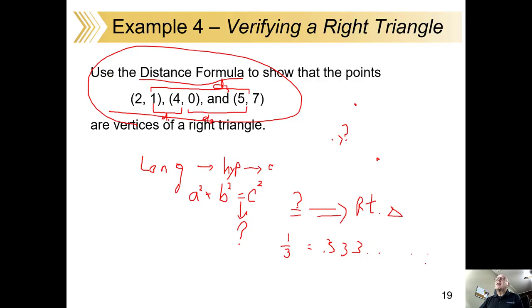But at some point, the calculator says, okay, you've seen enough. You know what's going on. That's it. But when you go back here and check to see if those 3 are equal, it might be just a hair off. If it's that close, that means they probably do represent a right triangle. If they're not real close, then no right triangle.